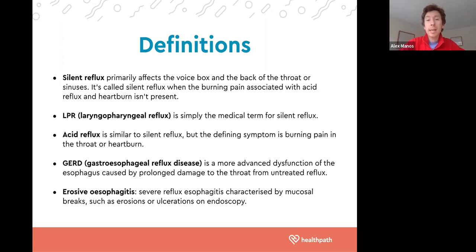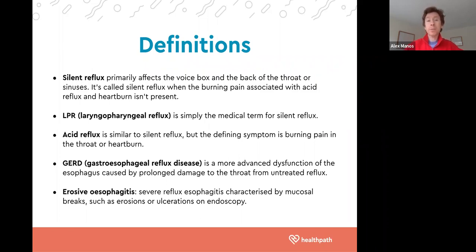Acid reflux is related to that burning pain in the throat or the heartburn that we can experience. And GERD is a more advanced dysfunction of this. With GERD, we're going to see a degree of damage that can eventually lead into other conditions and diagnoses.